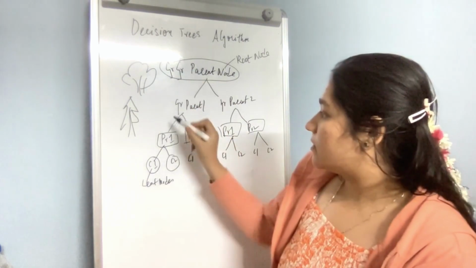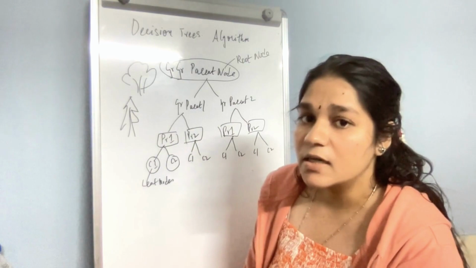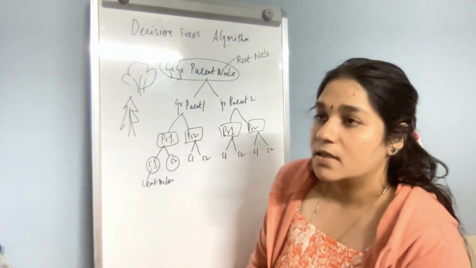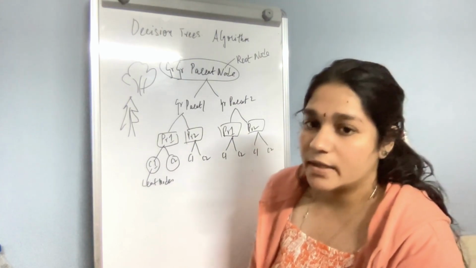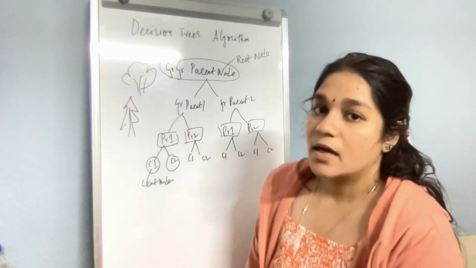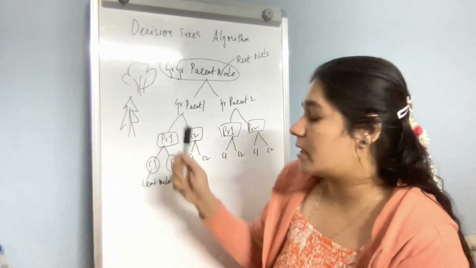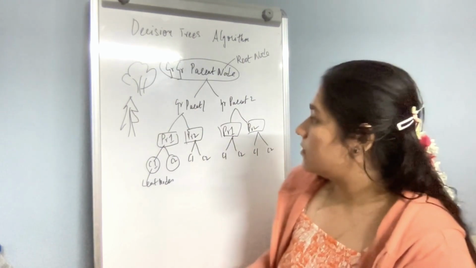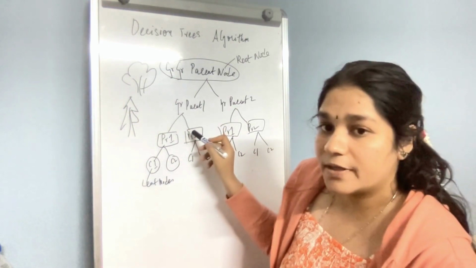All the other attributes, the parent and parent one here, fall under the feature labels, and all the labels which are not the target label are called the other attributes which form the tree. Every time, you see there are different branches in the tree.